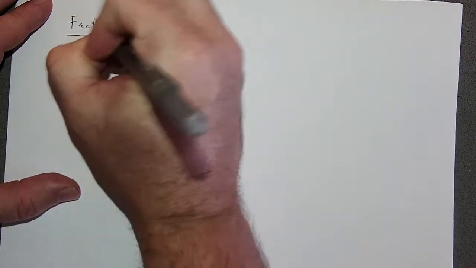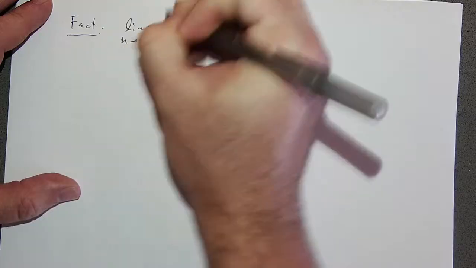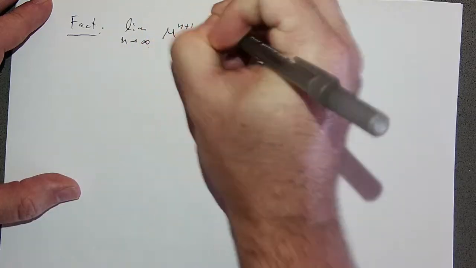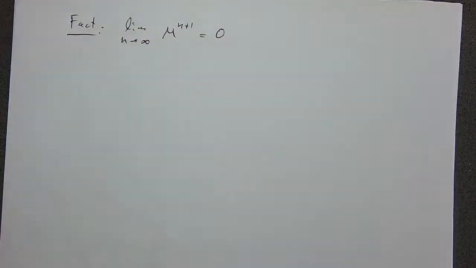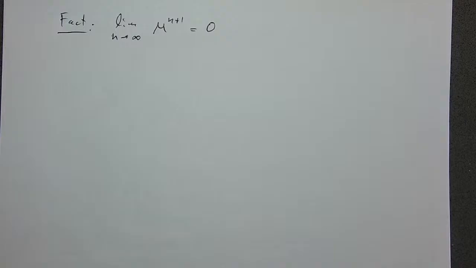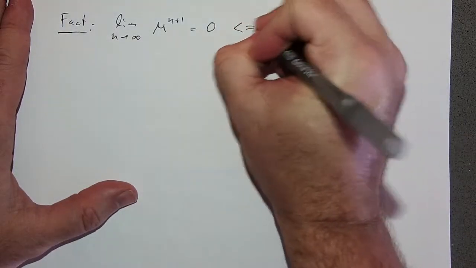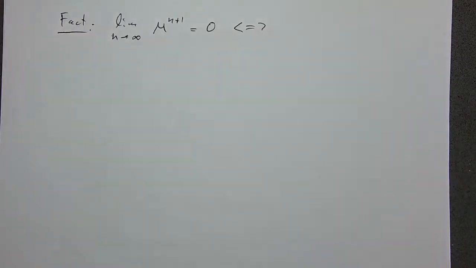Fact: this limit is 0 if and only if the largest absolute value of all the eigenvalues is less than 1.